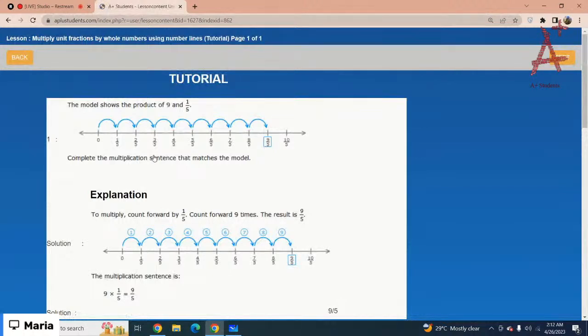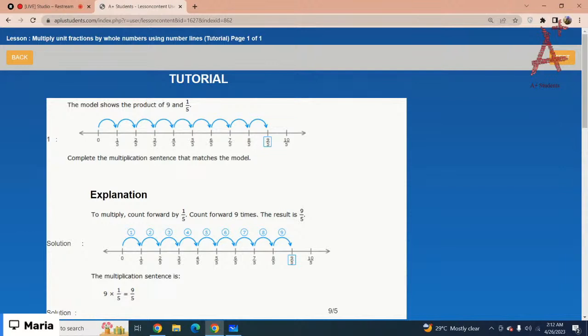Okay, the model shows the product of 9 and 1 over 5. Complete the multiplication sentence that matches the model. Got it? So how do you multiply? You can see here, to multiply, count forward by 1 over 5. Count forward 9 times.